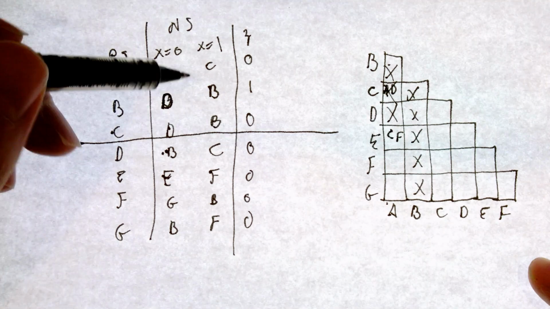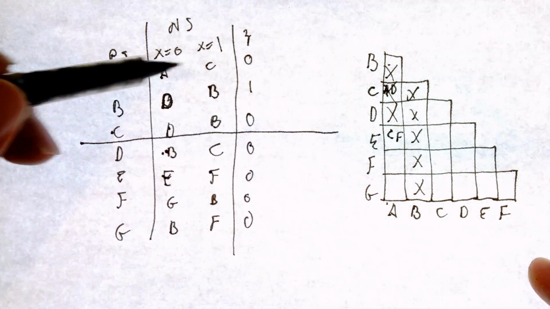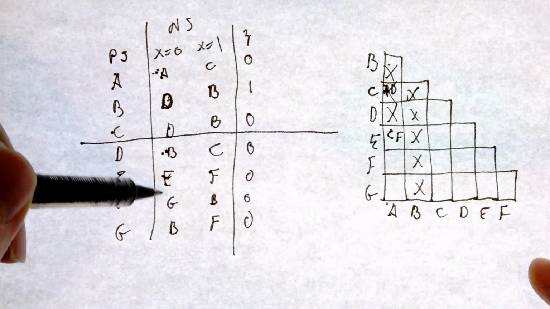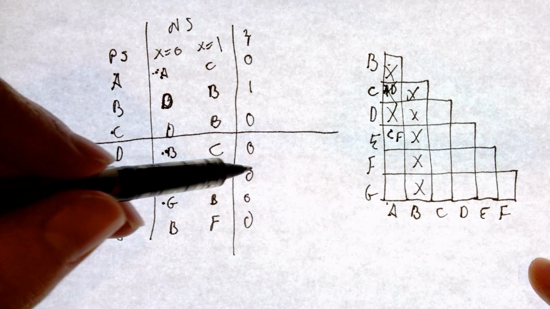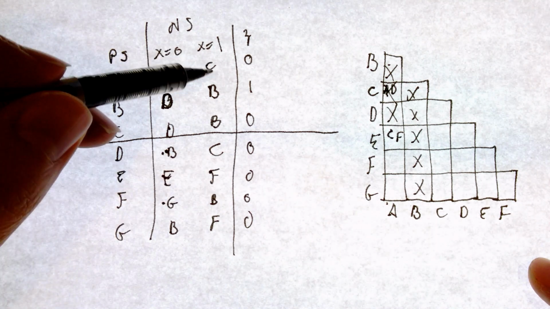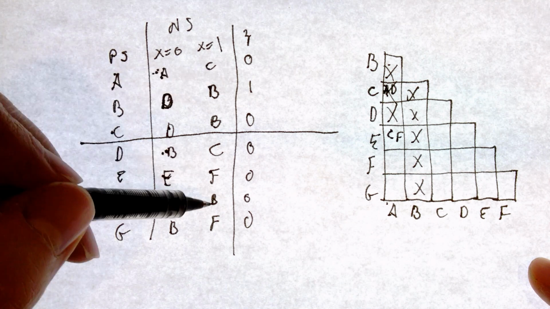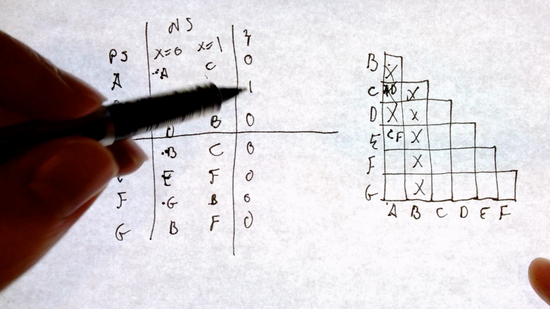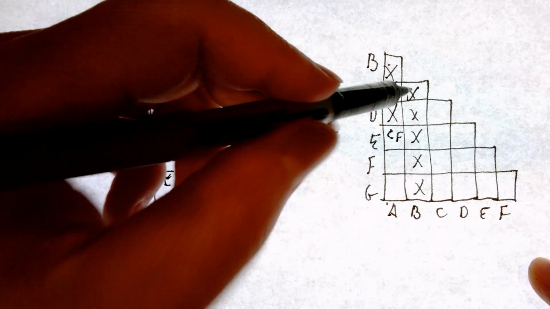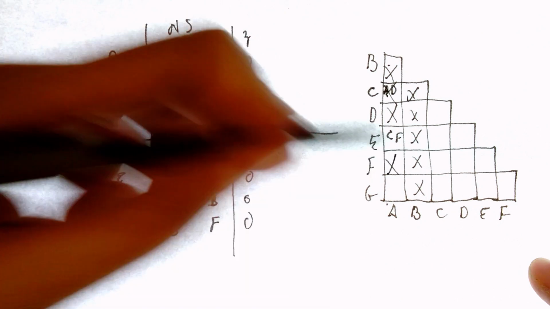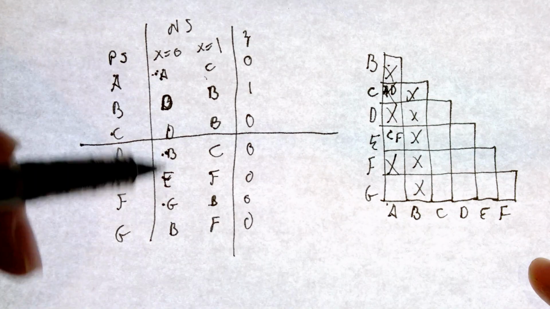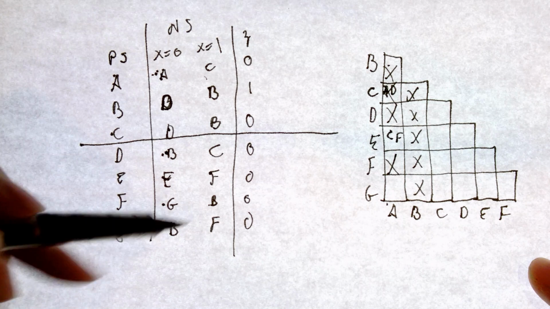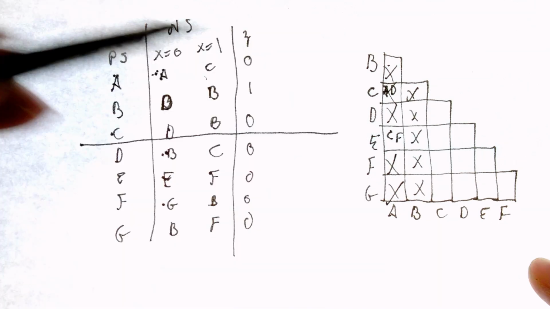So then you want to compare A and F. That's AG, and C and BC. But wait, BC is already out. Therefore, this must be out. What about AG? A, B. We know AB is out, so this must be out.